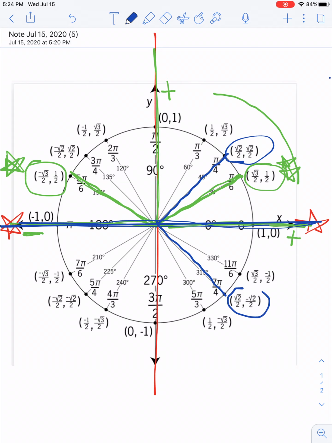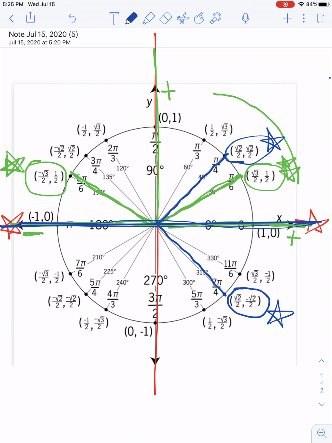And again, let's focus in on those coordinates. You see that the coordinates look really similar. They have a square root of 2 in the numerator and then a 2 in the denominator. The difference, though, is the y coordinates have changed from, here it was positive square root of 2 over 2, down here it's negative square root of 2 over 2.